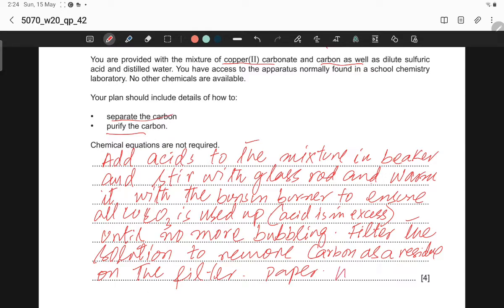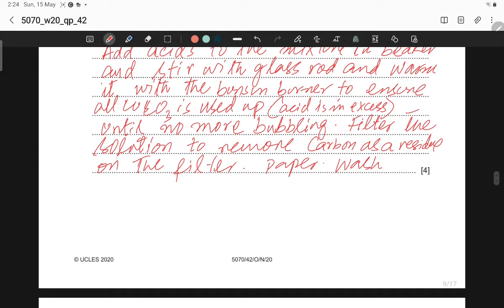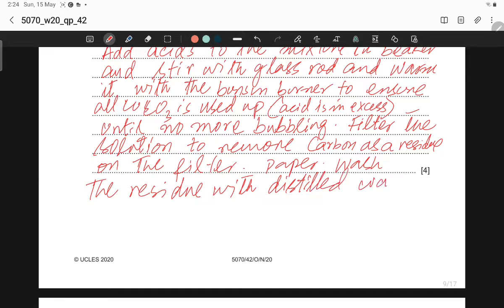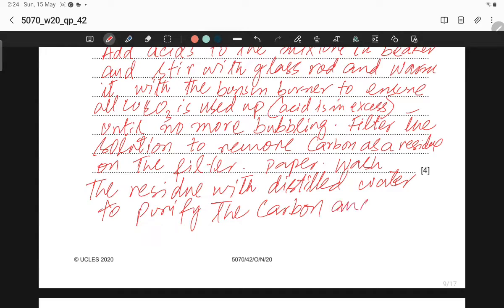Wash the residue with distilled water to purify the carbon. And dry in folds of filter paper.